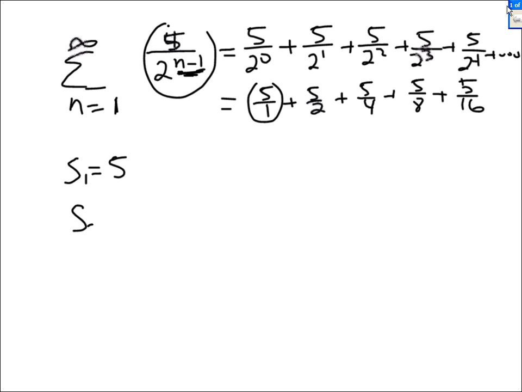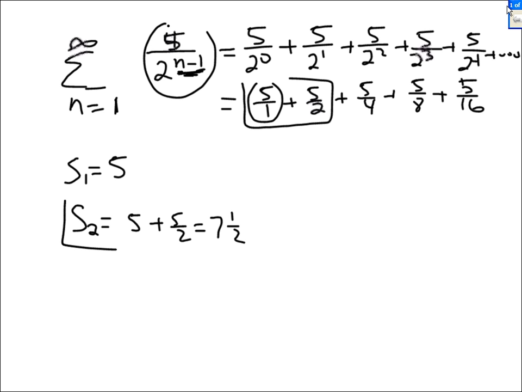The sum of the first 2 numbers. Well, add the first 2. 5 plus 5 over 2. This is 7.5. I'm more concerned about how you add 2 numbers, and I'm sure you know how to do that. S sub 3 is the sum of the first 3 numbers.